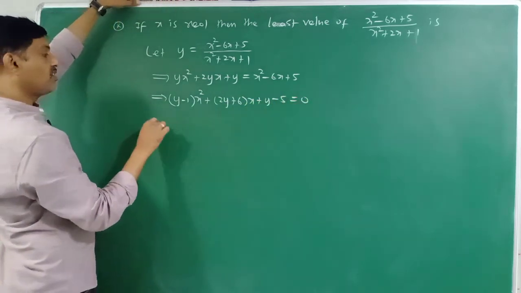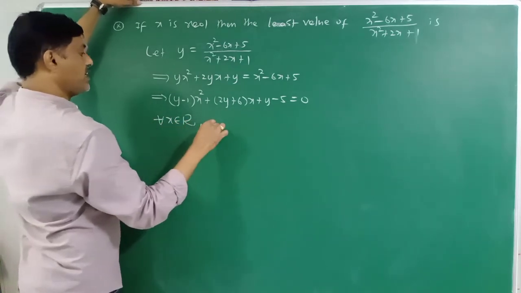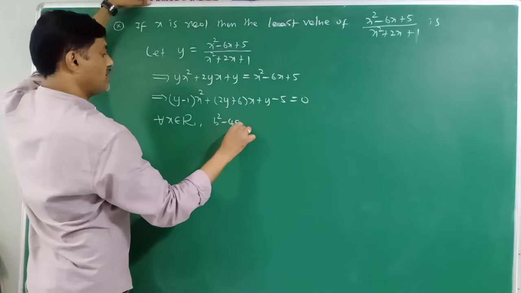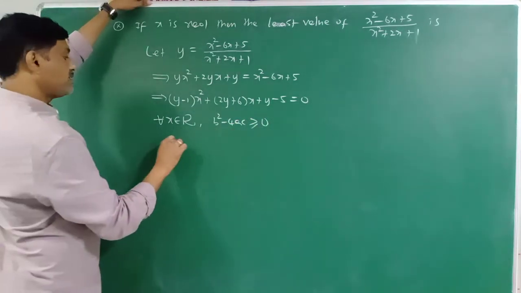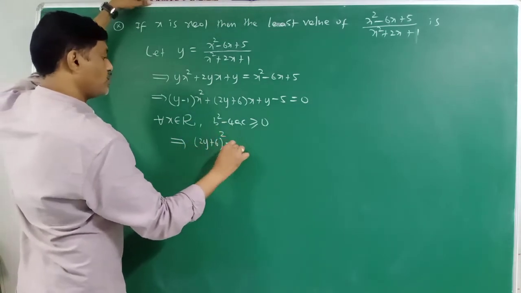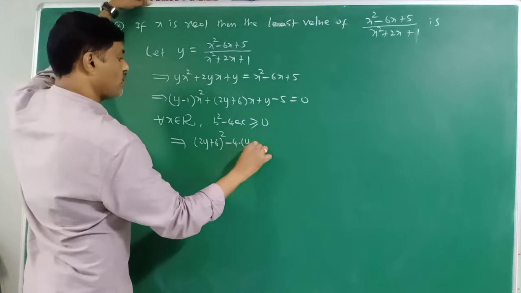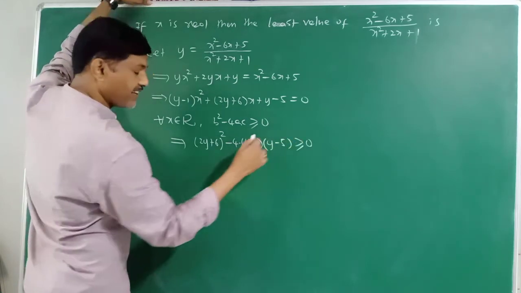Clearly it is a quadratic equation, for every x belongs to R real, b square minus 4ac is always greater than or equal to 0. Okay? As this implies, b here is 2y plus 6 whole square, minus 4 times a, that is y minus 1, into c, that is y minus 5, is greater than or equal to 0.